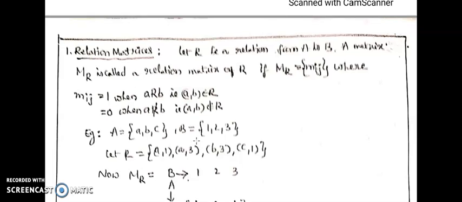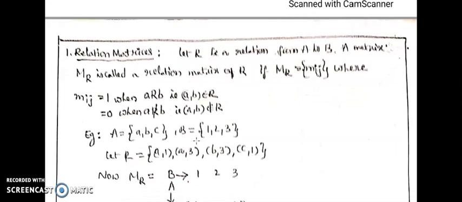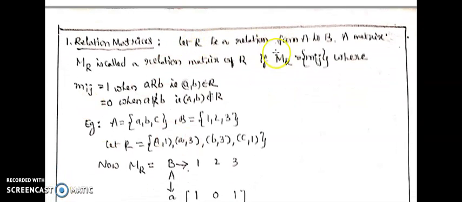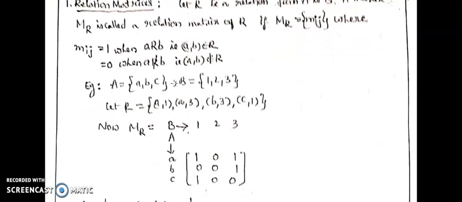Suppose there are two sets A, B and a relation R defined from A to B. Then the relation matrix from A to B is denoted by M with suffix R and is defined as a 0-1 matrix M_ij where each entry is taken according to the rule that m_ij is 1, the element in the ith row, jth column, if the element in that place belongs to the relation. Otherwise, the element of the matrix is taken 0.